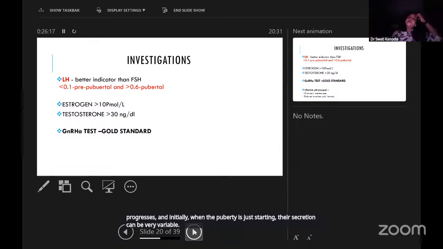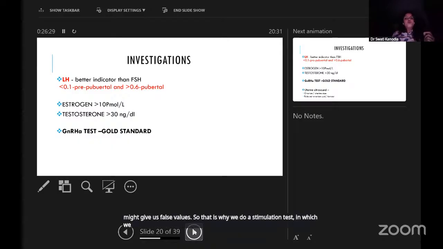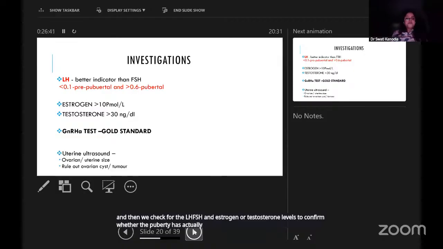So just having one single value of LH and FSH, not done at the correct time of day, might give us false values. That is why we do a stimulation test in which we give a small dose of leuprolide or triptorelin and stimulate the pituitary, and then we check the LH, FSH and estrogen or testosterone levels to confirm whether puberty has actually started or not.